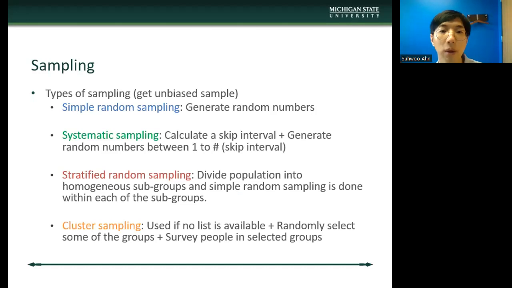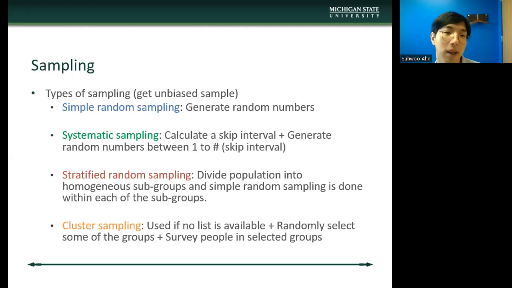Then we generate a random number between 1 and the skip number, and we get an initial starting point. Then from the initial number, we select every tenth or fifth person in the sample. So this is how systematic sampling works.